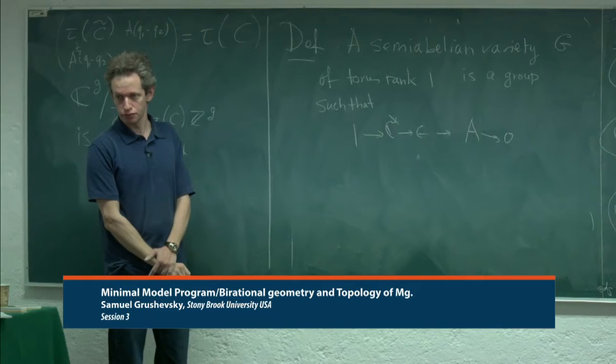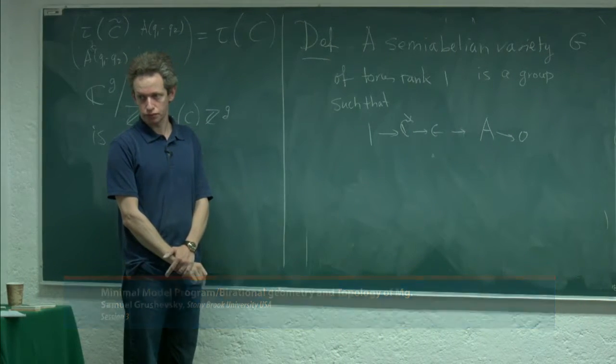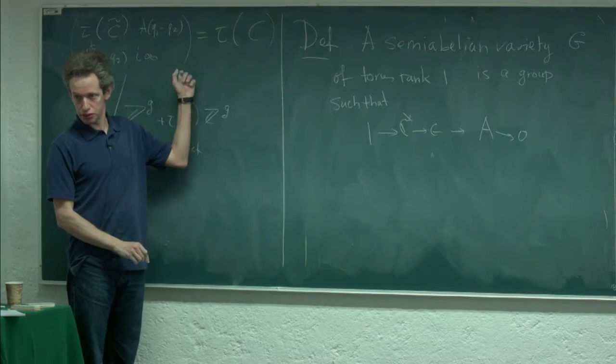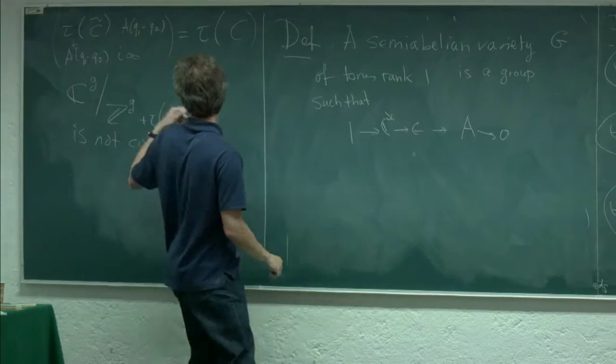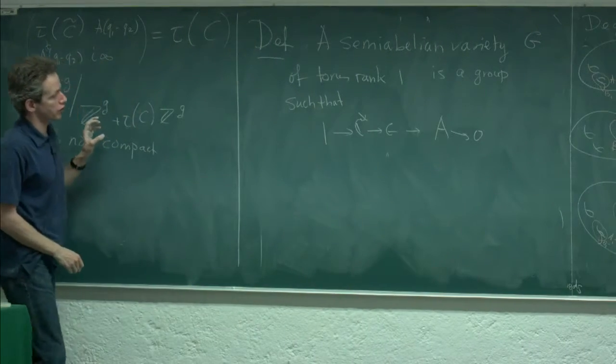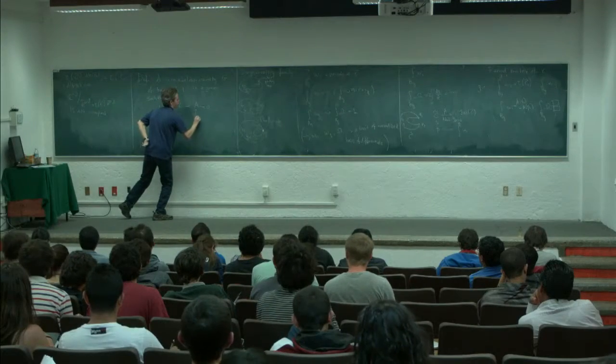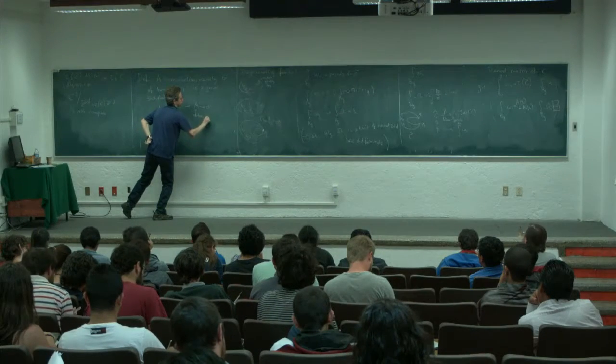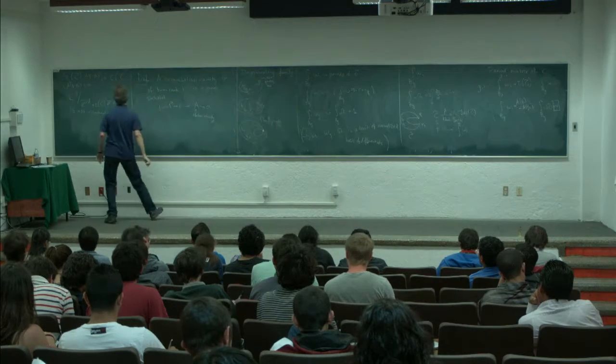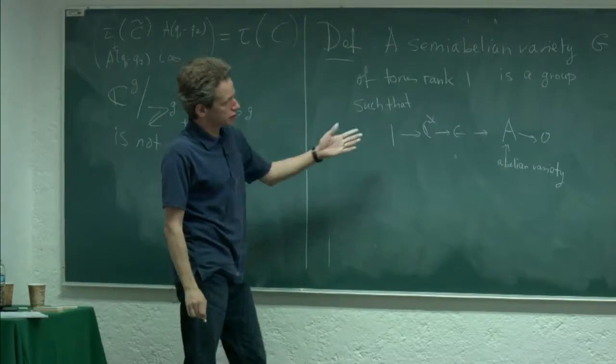Okay? And that's what this quotient really is. This quotient is an extension of, in my case, the abelian variety. It's an abelian variety. Yeah? This thing is a C star extension of that.